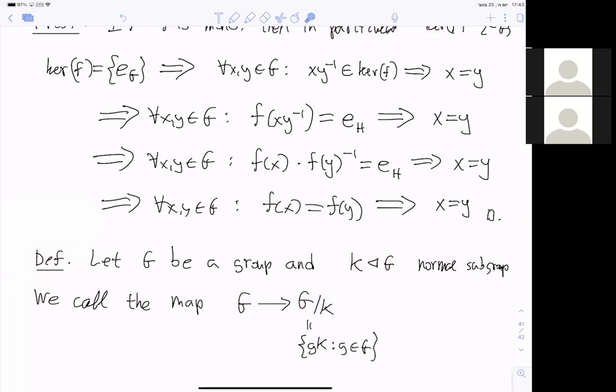The group operation is, if you take two cosets g1 K with g2 K, it's g1 g2 K. So this is called the quotient group. The map is defined, we write it by pi, as taking g to the coset gK.